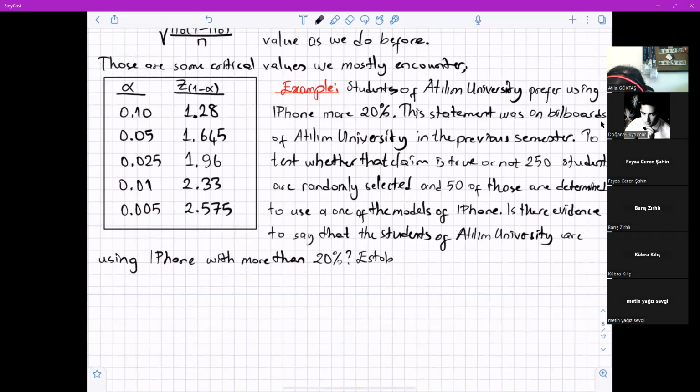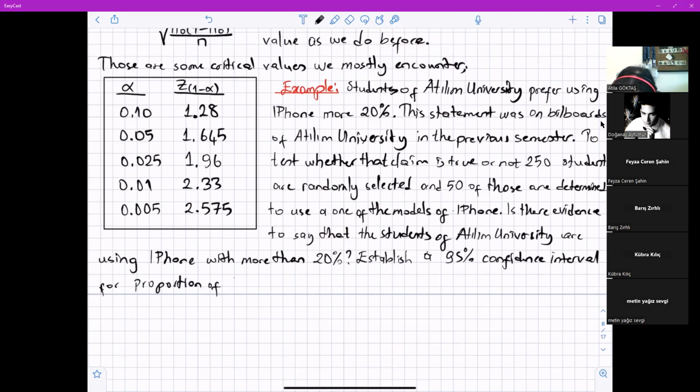Establish a 95% confidence interval for the proportion of iPhone usage at Atılım University.